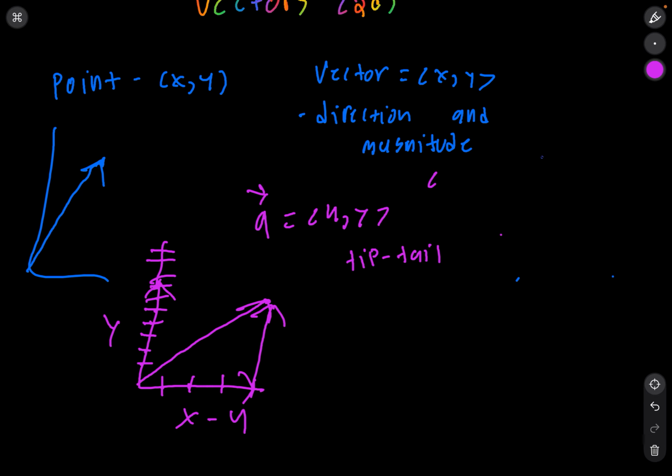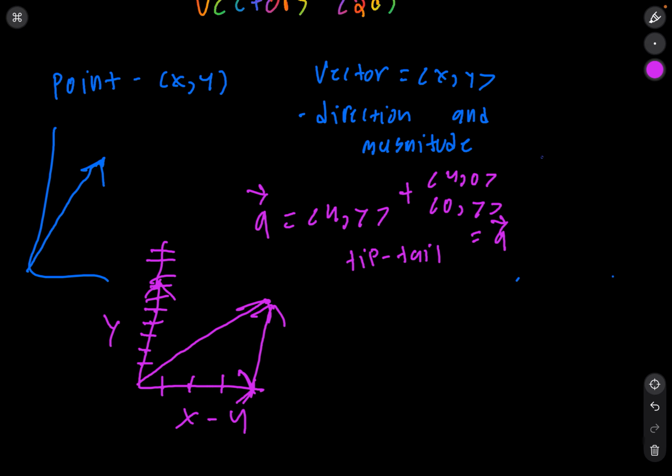So we can break it down into 4, 0, and then 0, 7. Ultimately, there's a rule that every vector can be broken down into infinitely many pieces, but that's too complicated. So essentially, we can add these vectors together, and we get vector A, which is 4, 7. From here, we do tip to tail: from the tip of the first vector, we attach the tail of the second vector, and here we get our full vector.